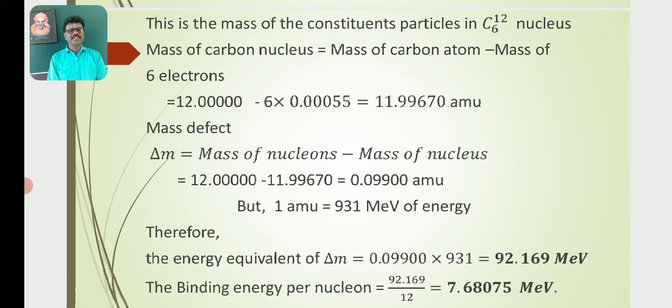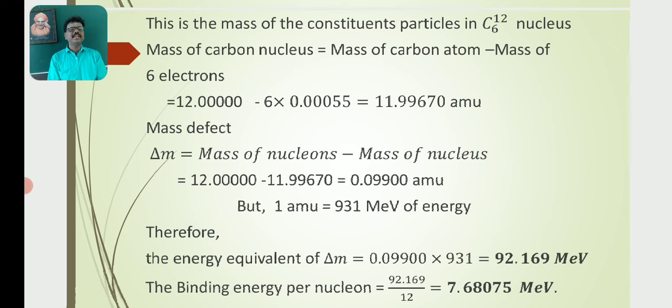Then the mass defect, delta M, is equal to the mass of nucleons minus the mass of the nucleus. Then 12.000 minus 11.99670, then we will get 0.09900 AMU, atomic mass unit. Where 0.09900 AMU means this much amount of mass disappeared during the formation of the carbon-12 nucleus. This is called the mass defect.